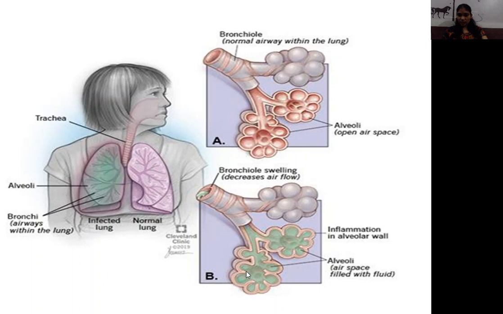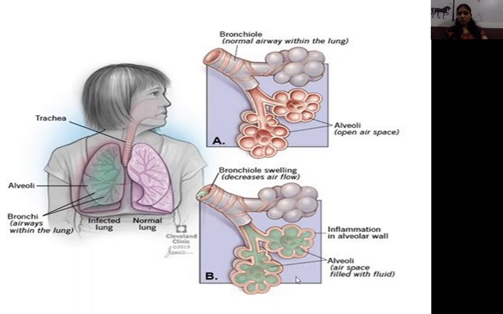Because the air spaces present in these alveoli, see here, are filled with fluid which is greenish or yellowish in color. Because of that, the wall of the alveoli becomes inflamed, and because of that also the bronchioles get swollen, and the airflow decreases.